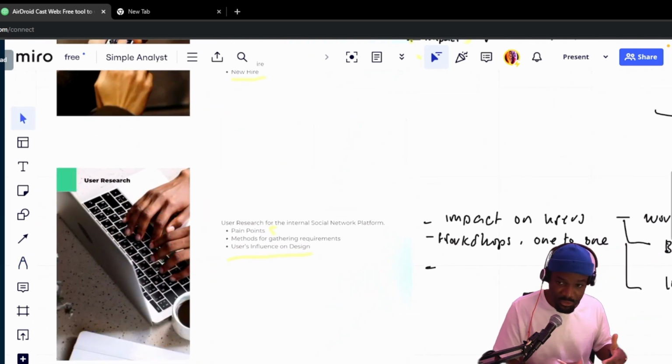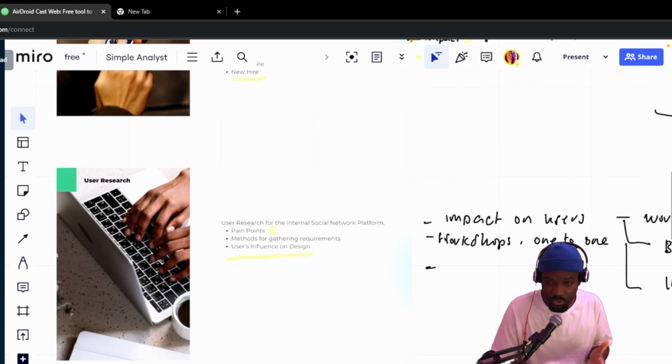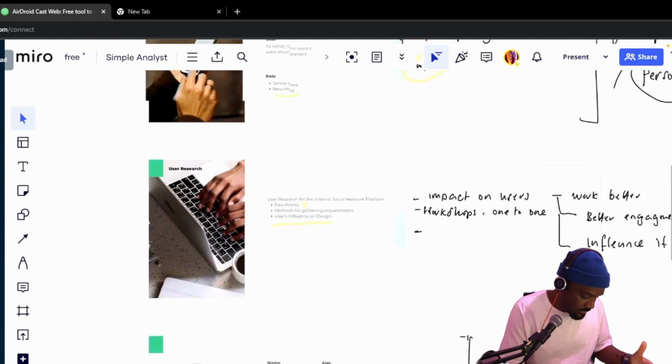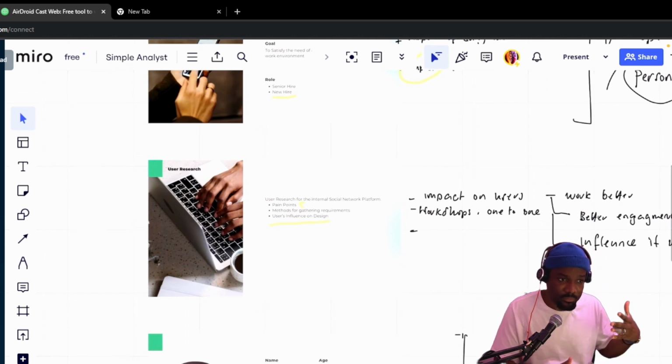From our user research, we have the various pain points or potential benefits they're going to have from this system, or maybe internal app. And of course, you need to go about gathering these requirements. So what are we talking about? Surveys, workshops, one-to-ones. So this is all about that, and the influence that the user will have on our design.